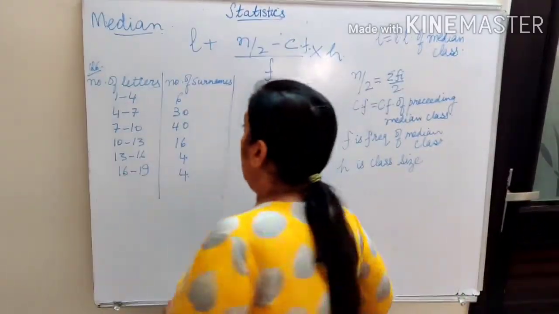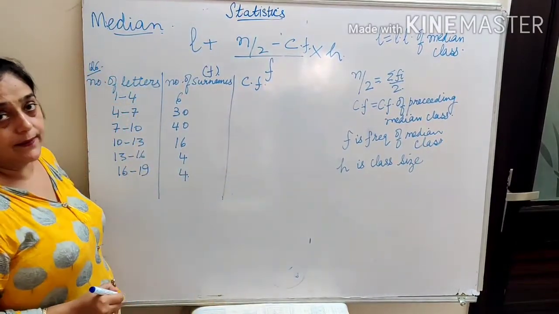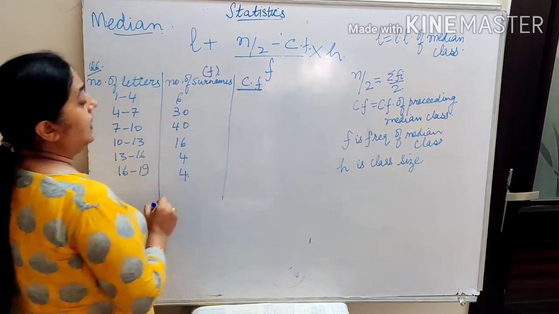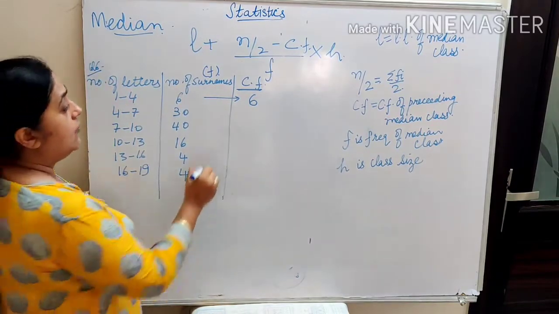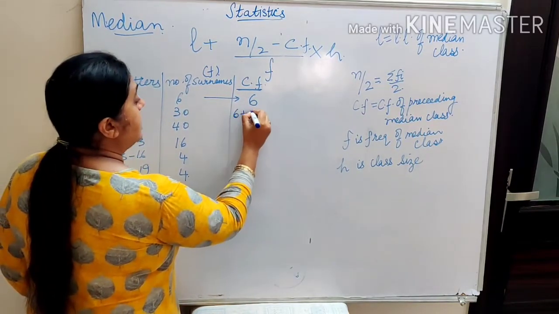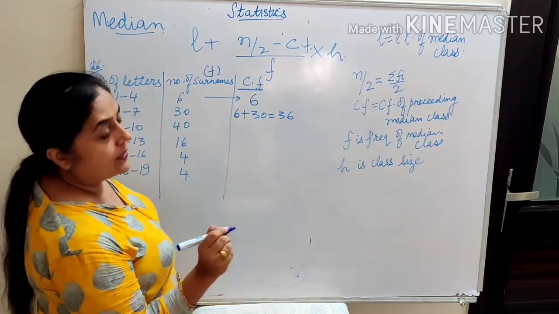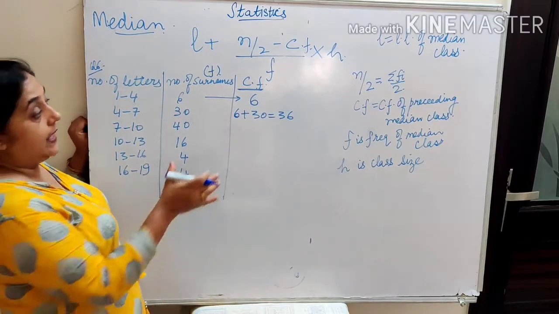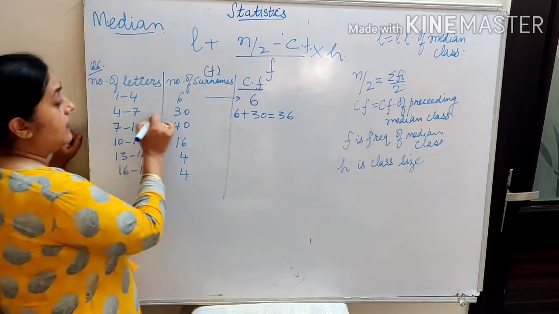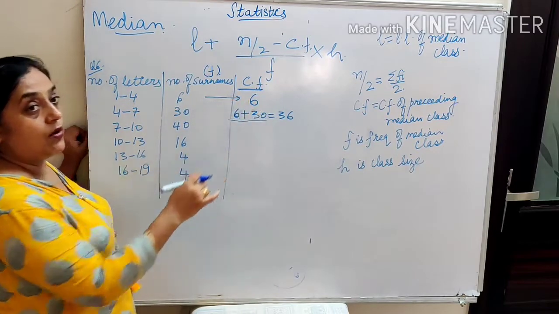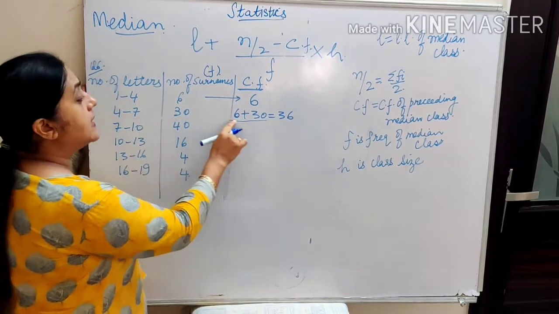Now, first of all, this is the frequency. Let us find out the cumulative frequency. How to find it? Please check it out. The first frequency is to be written as it is, right? For the next, you have to write 6 plus 30, which comes out to be 36. What do you mean by cumulative frequency? Cumulative means total. If I am on the second class interval, that means I am talking about the total number of observations till the second interval, right?